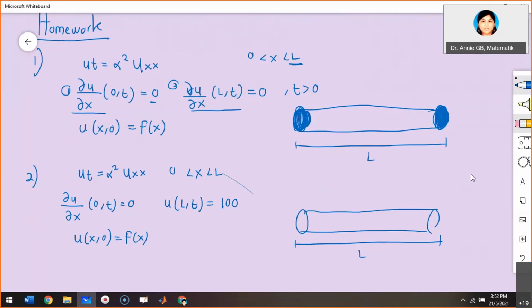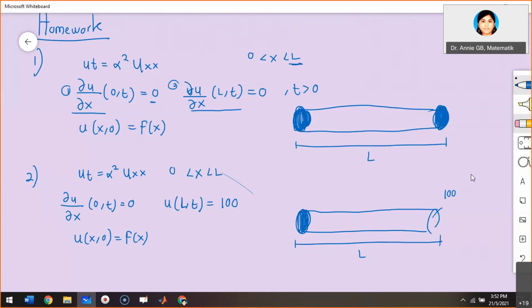Pada sini dia held constant at 100 dan pada sini ada penebat. Itu maksudnya. Okay, left end is insulated. The right end is held at a constant 100. Itu maksud dia. Okay. So exactly same like how you will solve for the problem just now.